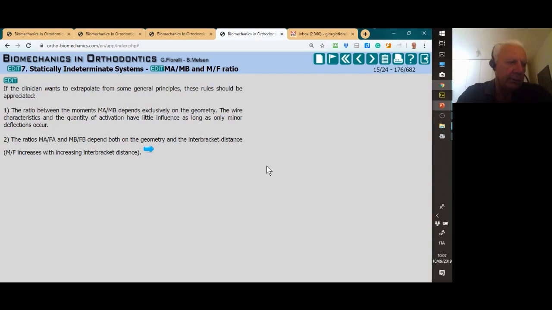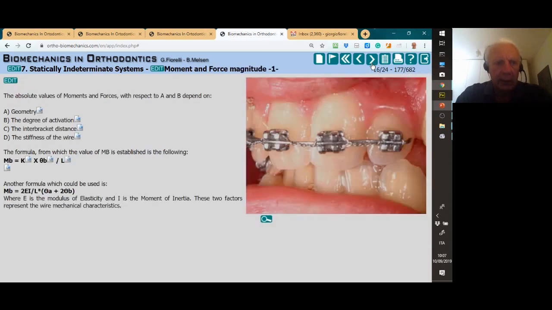Of course, theoretically, there is the possibility of finding out the amount of force, and this amount of force can be calculated if you use special formulas that you find here in the book as well.